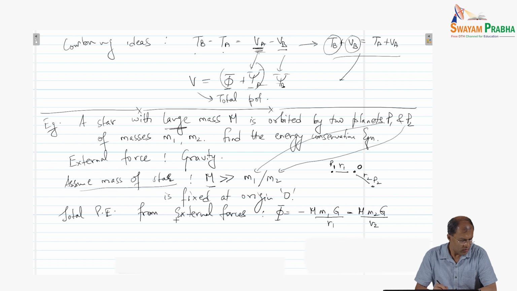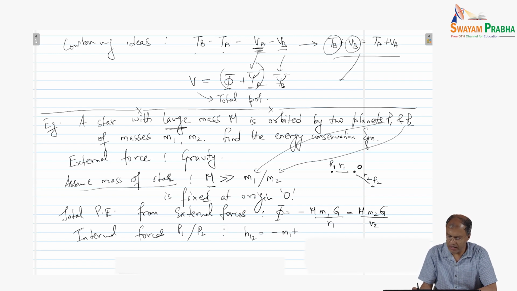Okay. So then from here what we have is the internal forces. I can write down my internal forces between P1 and P2, H12, to be minus M1 M2 G divided by R12 square, right?